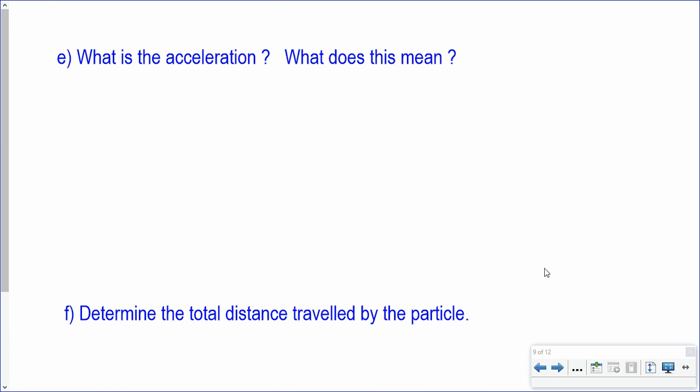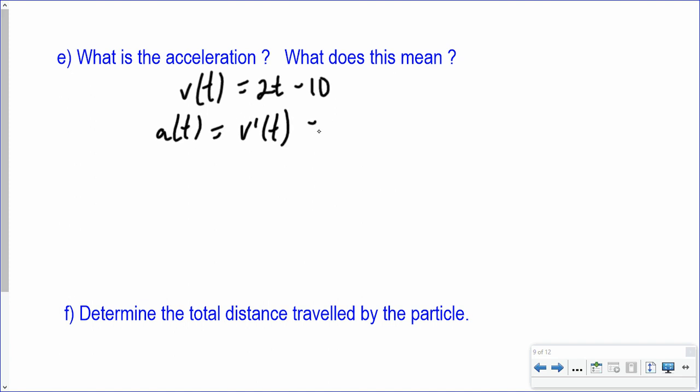Acceleration. What's the acceleration? Well, we have the velocity function to be 2t - 10. So the acceleration function is the first derivative of the velocity function, and that looks like it's 2. The units here are important. Acceleration units is meters per second squared.